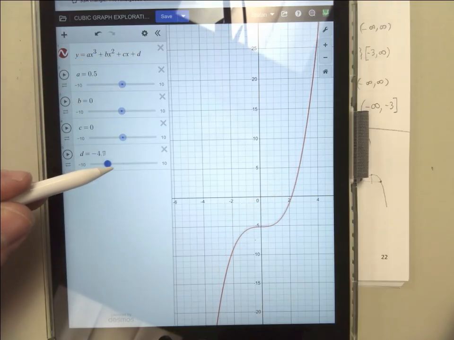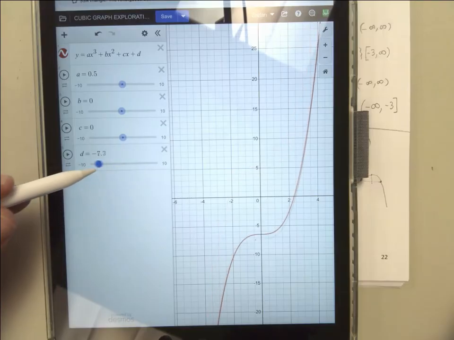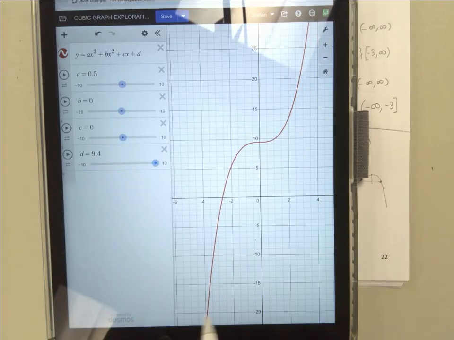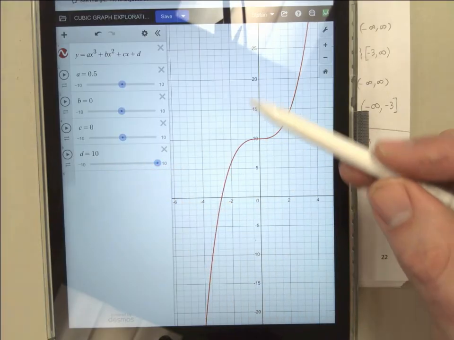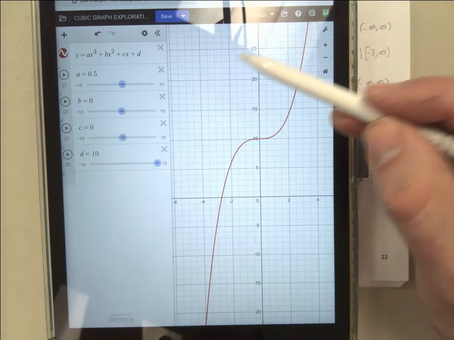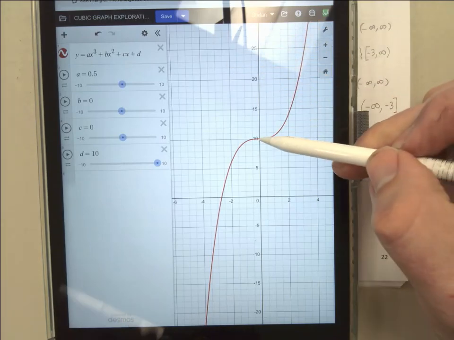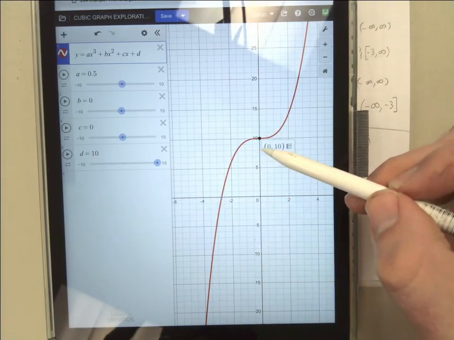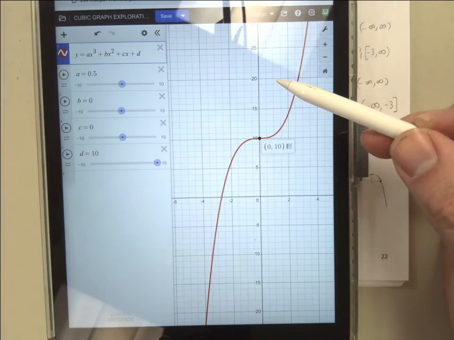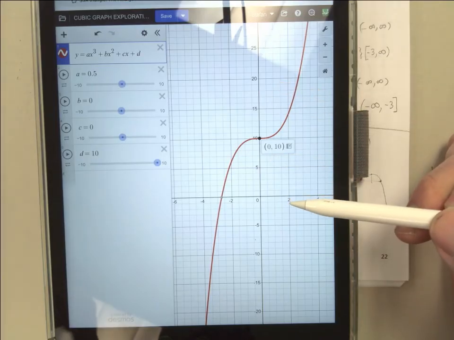It causes a vertical shift, either up or down. If you make D 100, this thing would go through 100 somewhere. We know that. It's the coordinates of the y-intercept, but if we change it, the whole thing goes up or down.